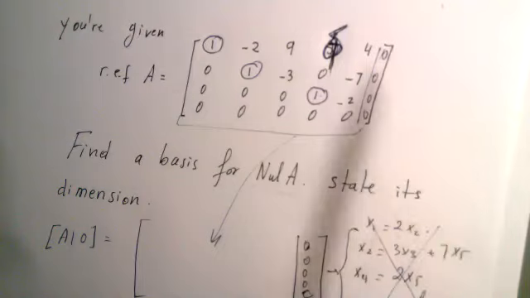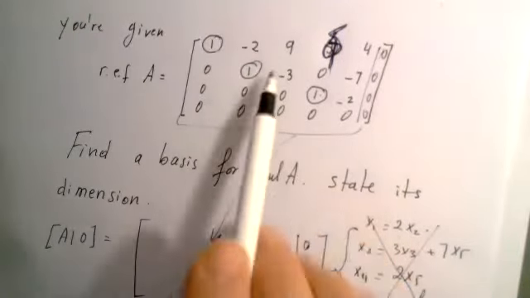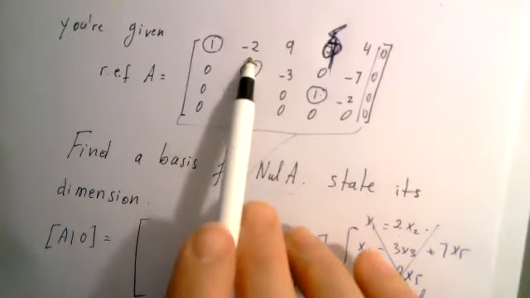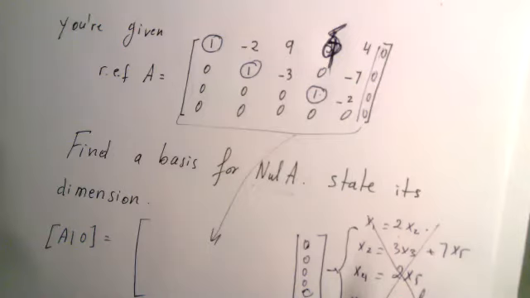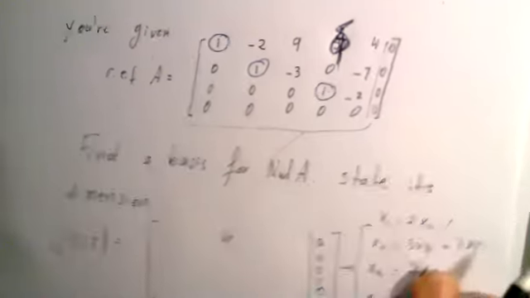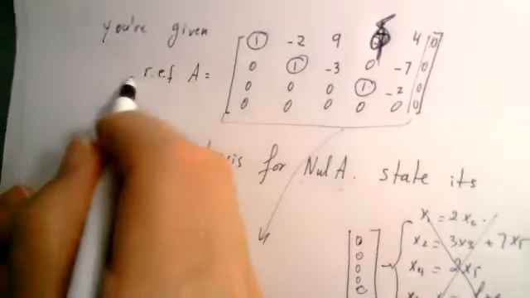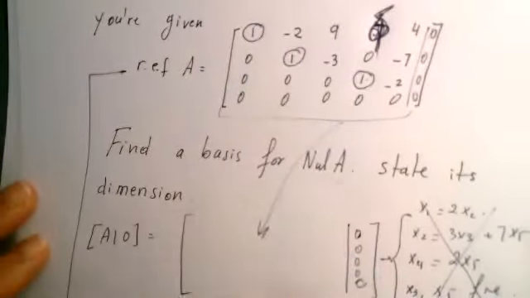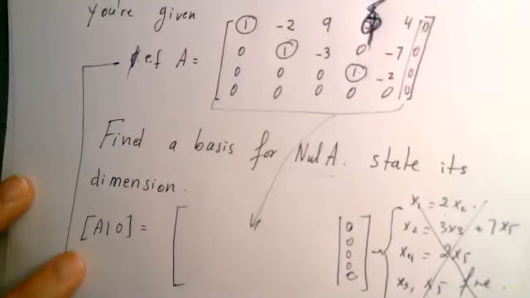So to make it really easy to pick up the solution, you have to go back and find the reduced echelon form, or you have to do back substitution to express everything in terms of the free variables. I did not give you the reduced echelon form. I actually gave you the echelon form. That's my mistake. And then I will have to go and do more work with the problem.